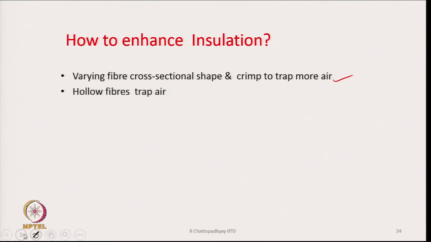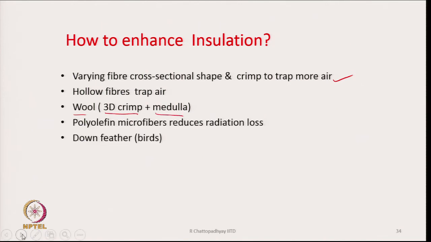Hollow fibers can also be used to improve insulation, they will trap air. Wool gives higher insulation because of 3D crimp and the medulla which is there. Polyolefin microfiber reduces radiation loss. So, microfibers can also be used because this will reduce the radiation heat loss.